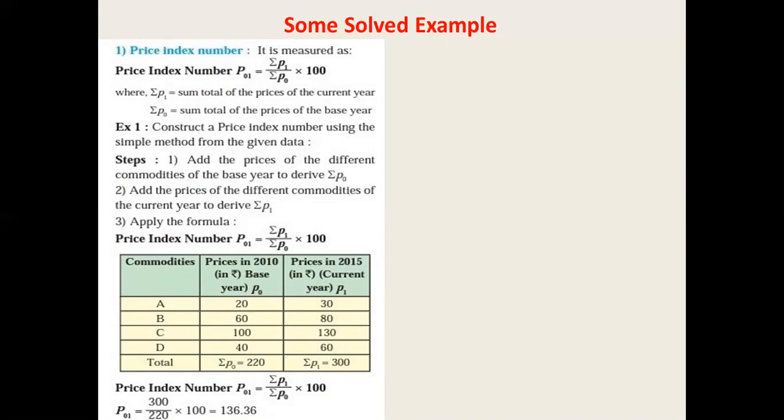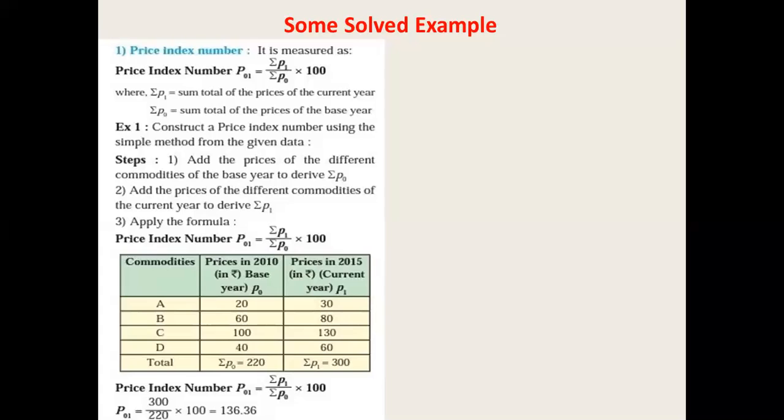The summation of P0 means the total base year price: 20 plus 60 plus 100 plus 40, which is 220. So the summation of P0 is equal to 220. The summation of P1 is 30 plus 80 plus 130 plus 60, which is equal to 300.